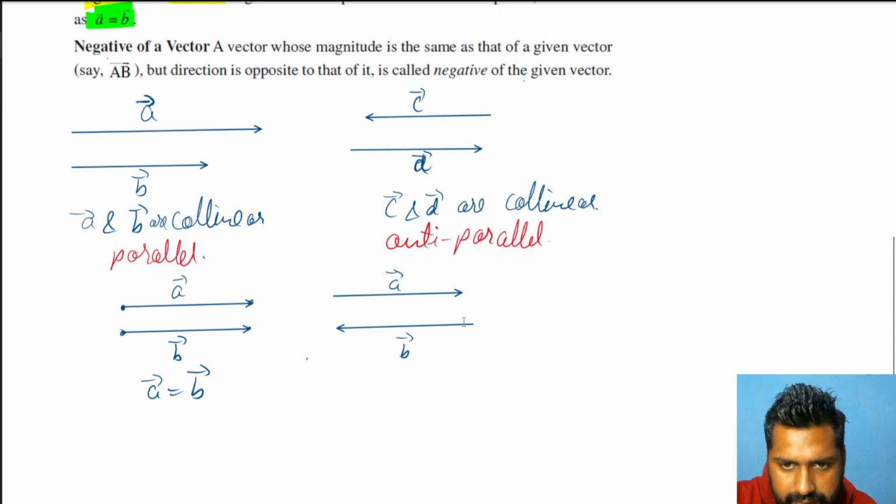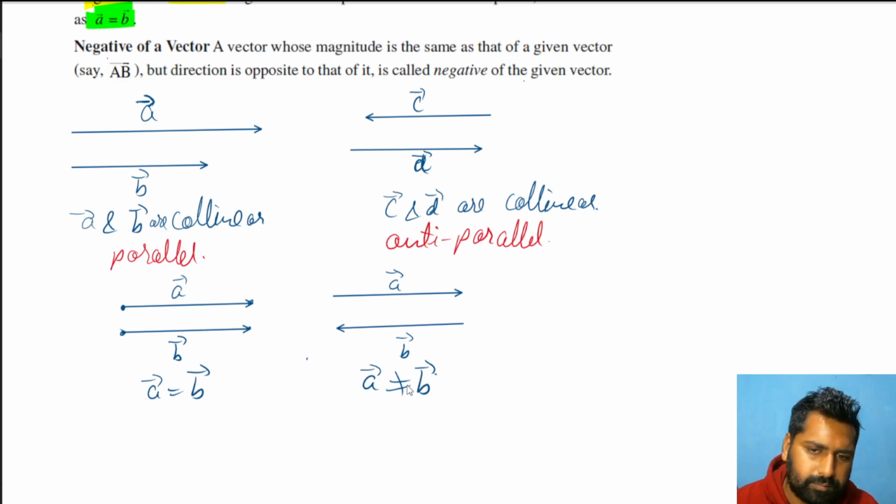I'll have to slightly reduce this. The directions are opposite, so this time a vector is not equal to b vector. Length, or the magnitude alone, is not the criterion for vectors to be equal.